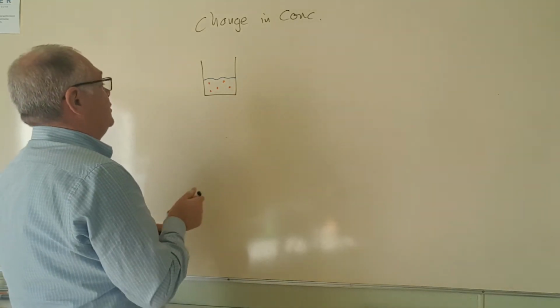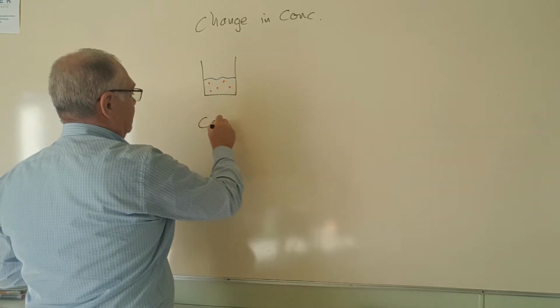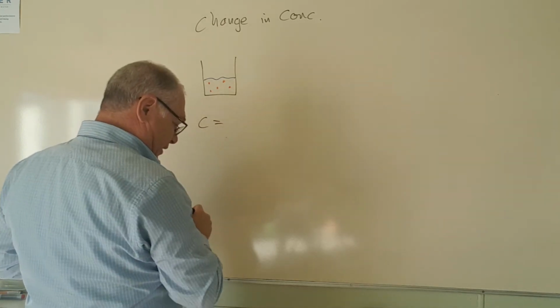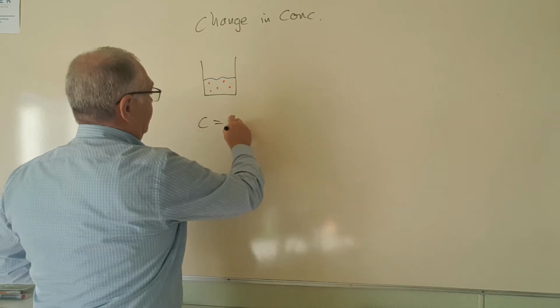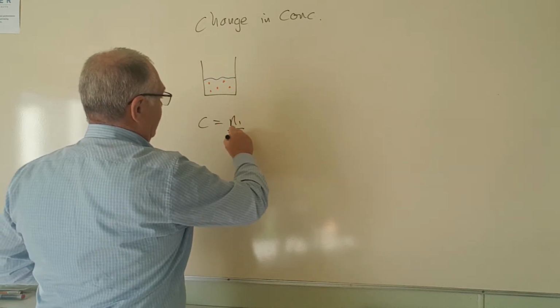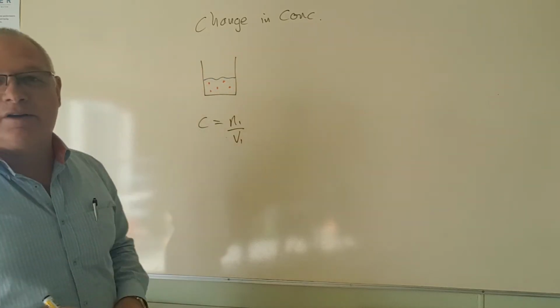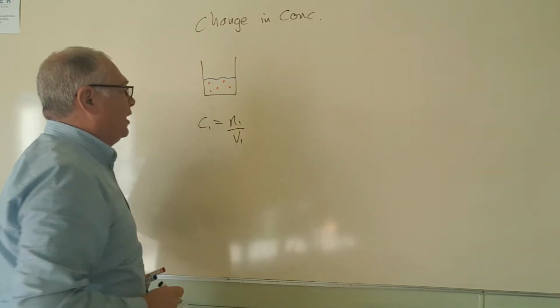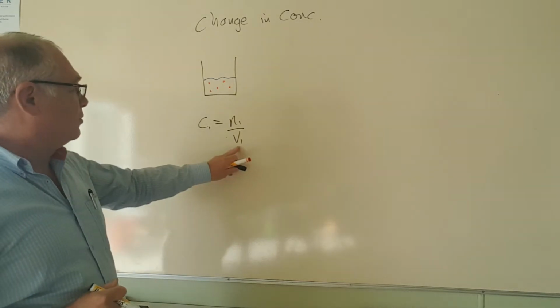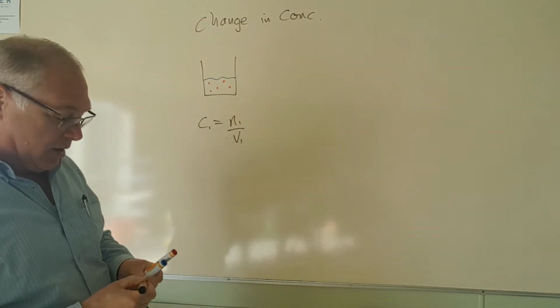Our concentration is the number of moles over the volume. Because this is our first container, we'll call it concentration 1, and we'll call it the number of moles 1, and we'll call it the volume 1.